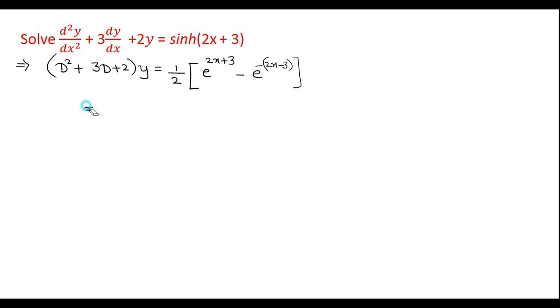Here the auxiliary equation is m square plus 3m plus 2 is equal to 0. Find the roots of this equation. The roots of the equation are given by factorizing it.